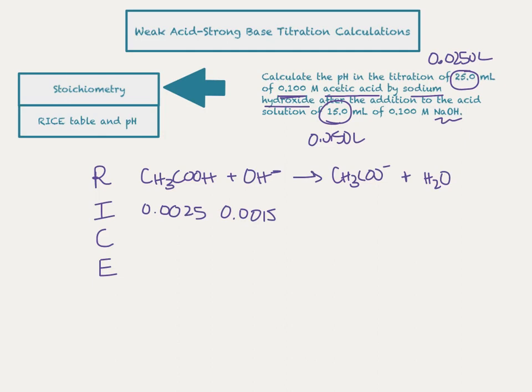Now, I just need to look at my 1-to-1 mole ratio and realize that my hydroxide is a smaller number. Since this reaction goes to completion, I will subtract all of it.